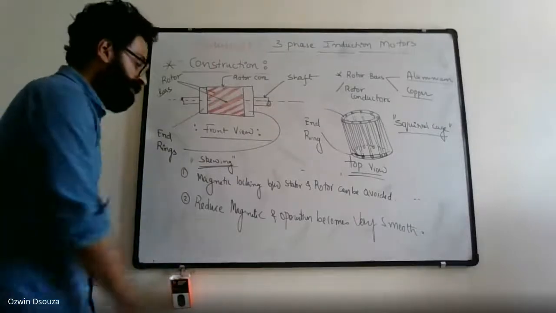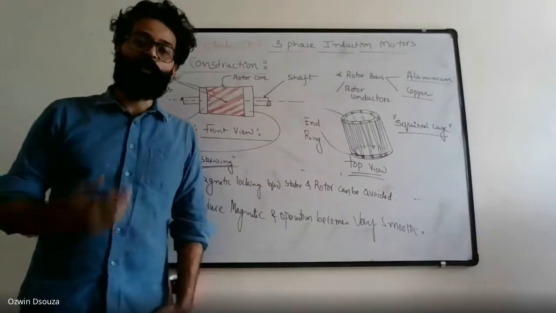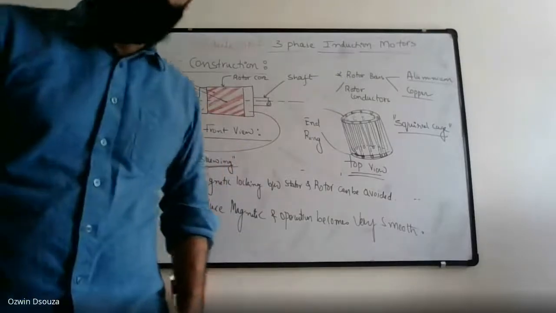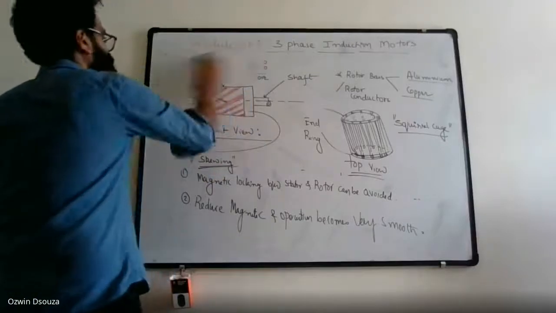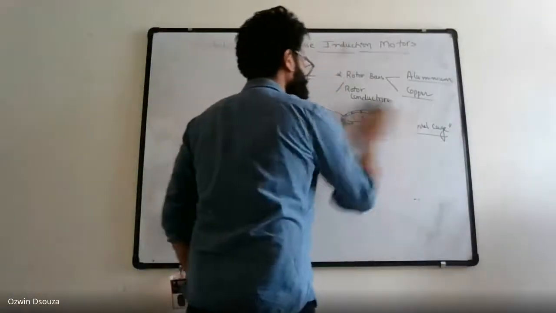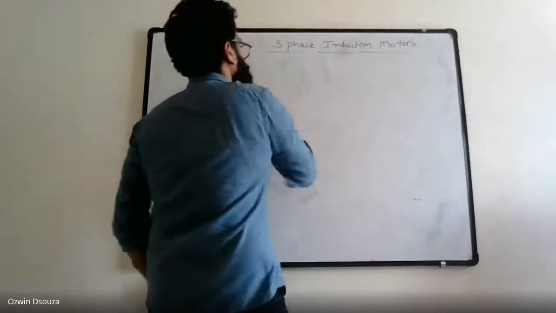And the second advantage is that we can expect a smoother or noise-free operation by skewing the rotor bars. All right, so that is the construction of the first type of rotor, which is called the squirrel cage induction motor.